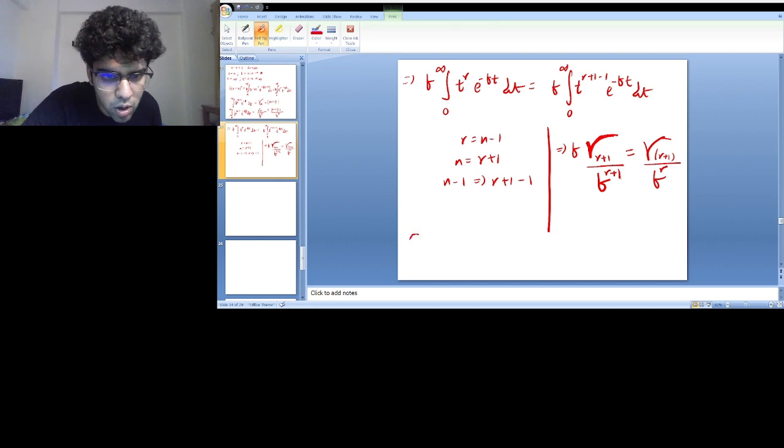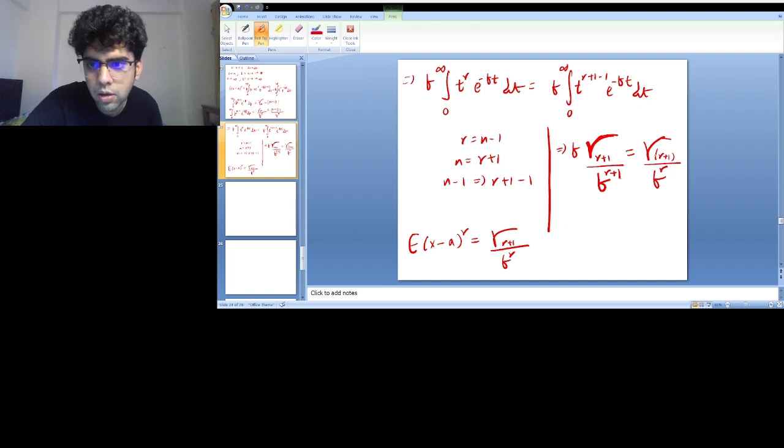So my value of E[(X minus a)^r] is gamma r plus 1 upon b to the power r. Whether I put the bracket or remove it, both imply the same thing. So gamma r plus 1 upon b to the power r.